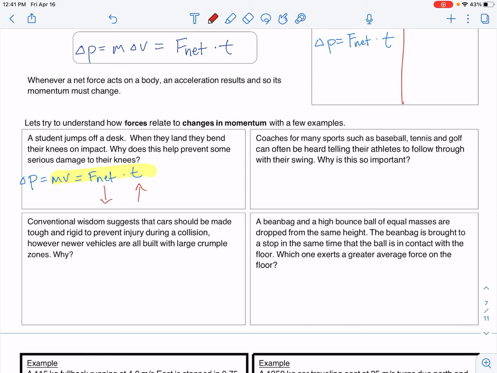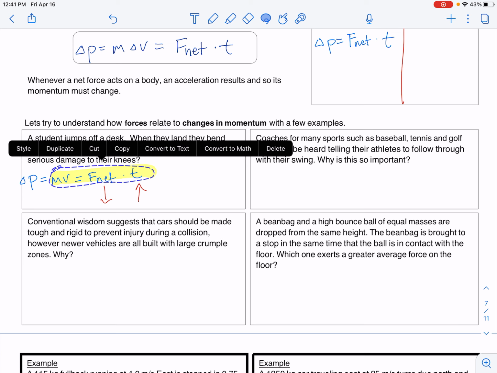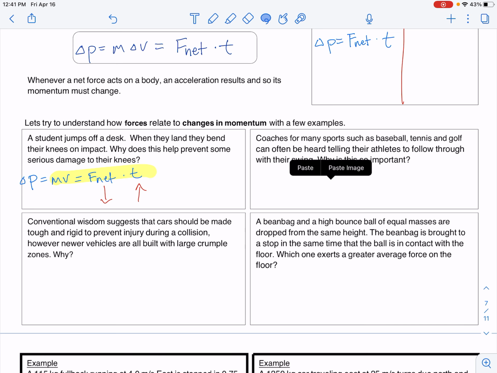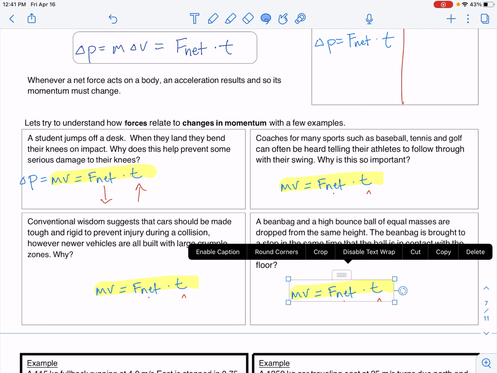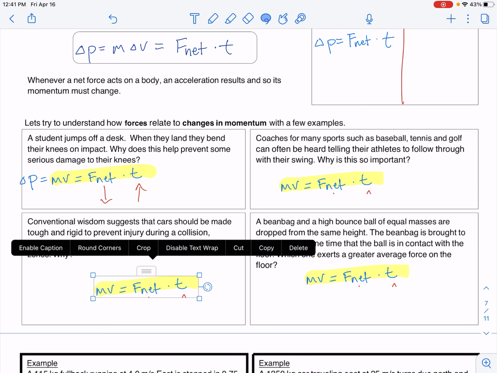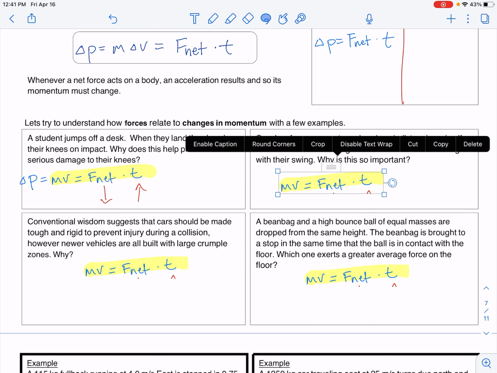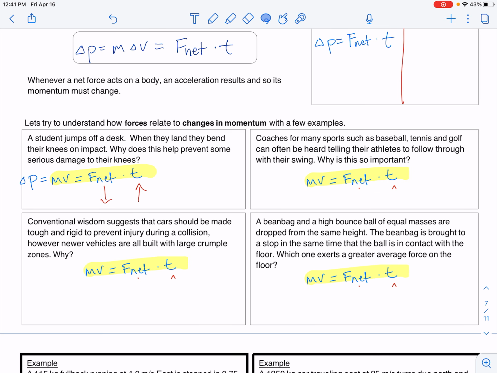What I would do is just take the same formula here and then indicate what's increasing, what's decreasing, in those specific examples.